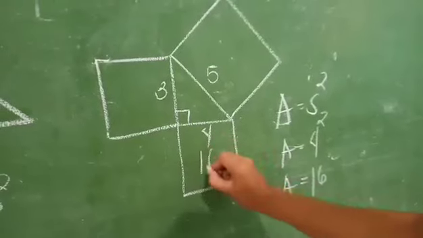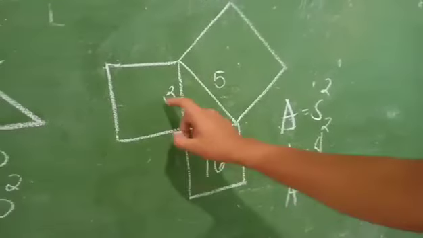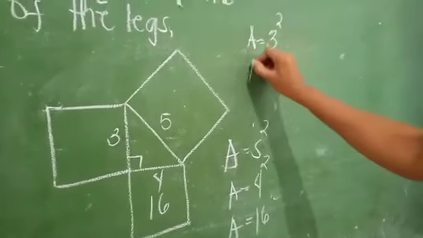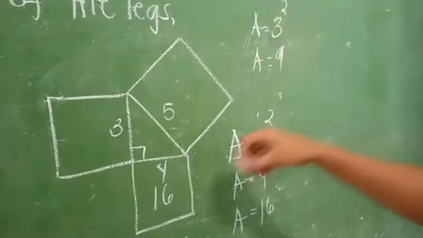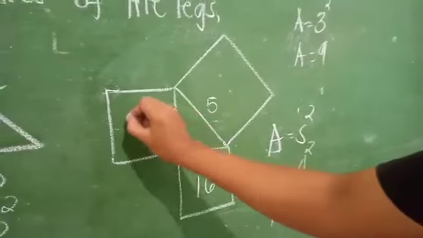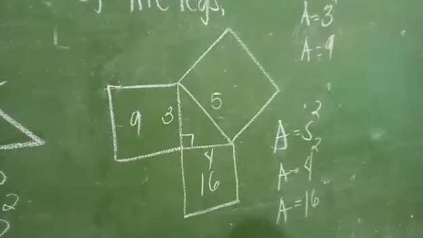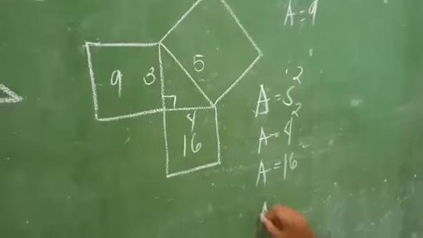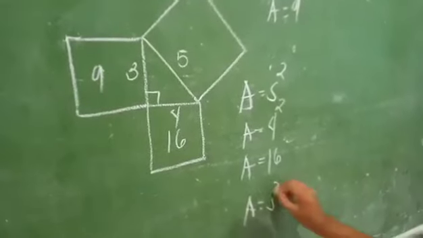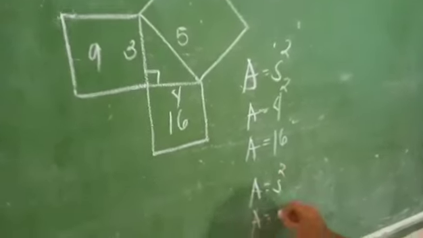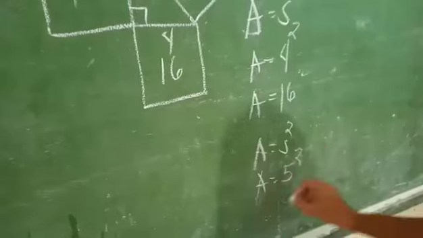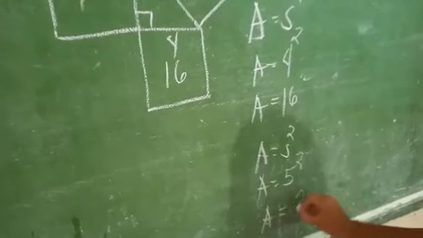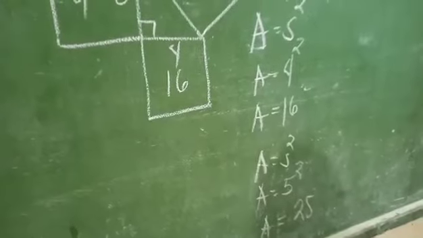So this is 16, and this square, A is equal to 3 squared. Therefore, this area has 9 square units. And this square, A is equal to S squared. A is equal to 5 squared. Therefore, this square has an area of 25 square units.